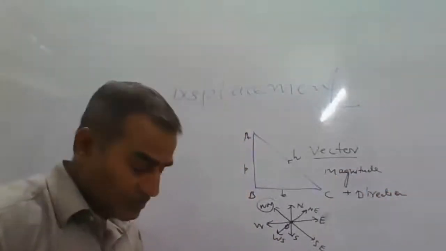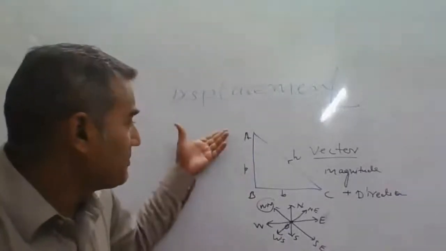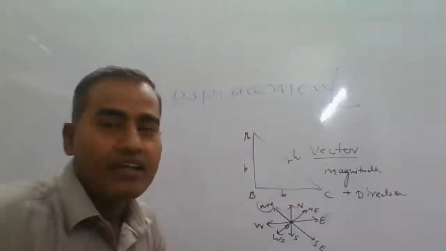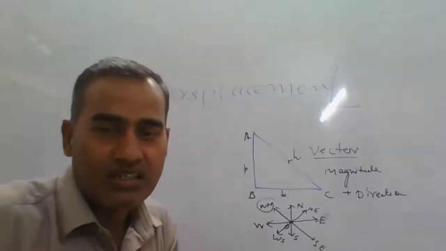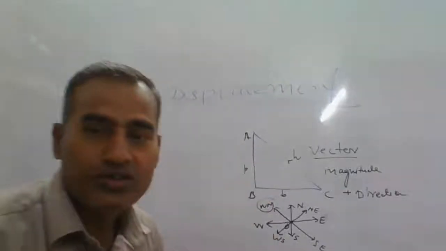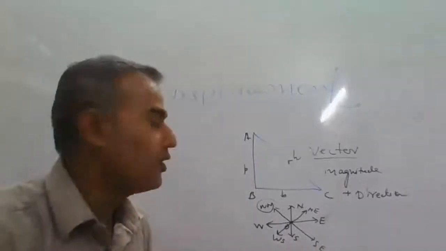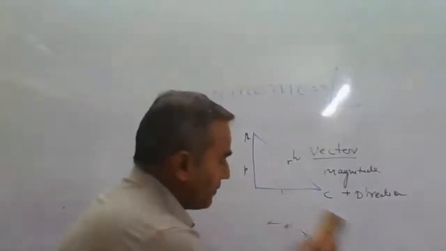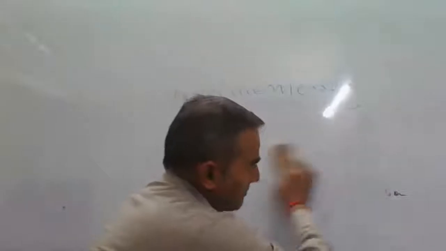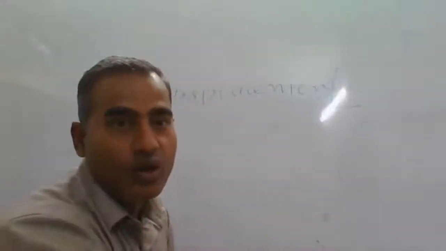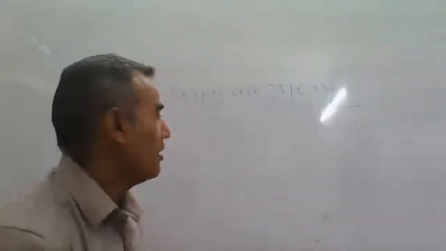So here, displacement. A practical example of displacement is air routes. Air routes are known as displacement because air routes always set a minimum distance between two cities, two countries.